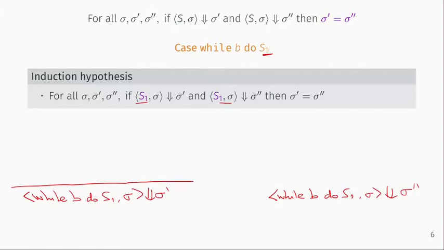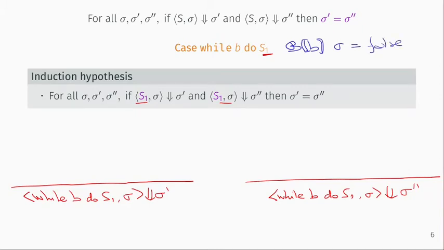Which rule has been applied in these cases? Well, it depends on the condition b, whether it's true or false. Let's start assuming that the condition is false under the state sigma.